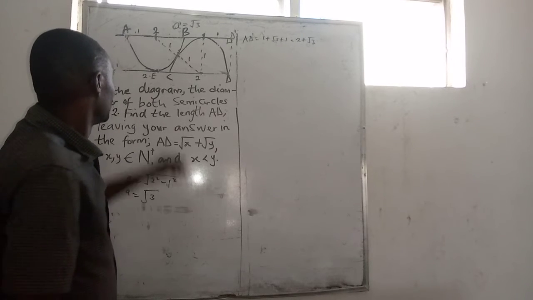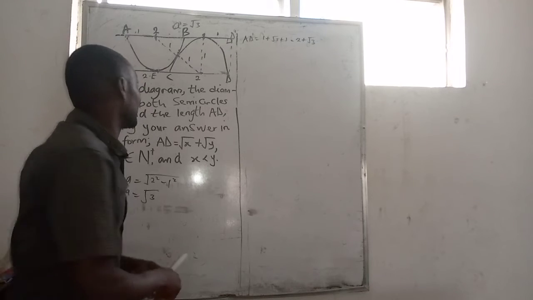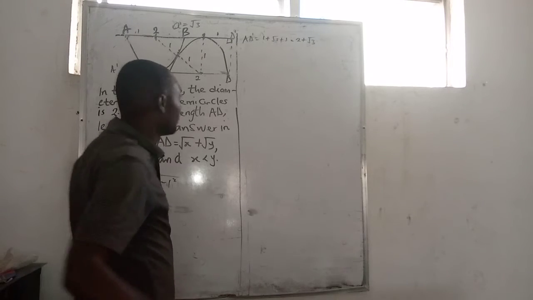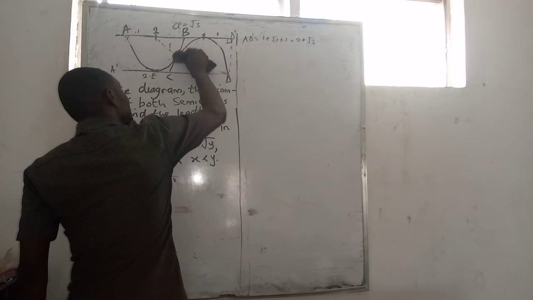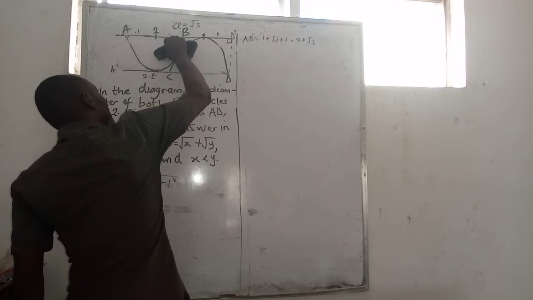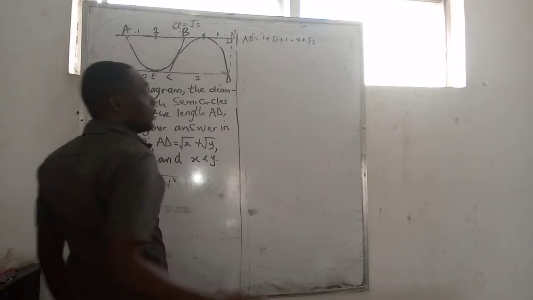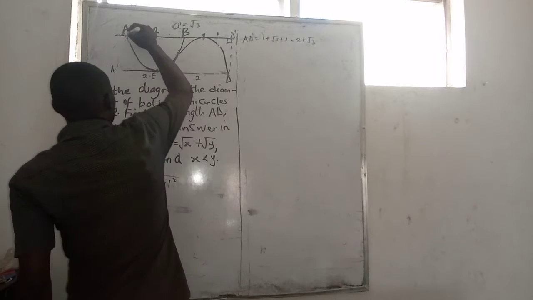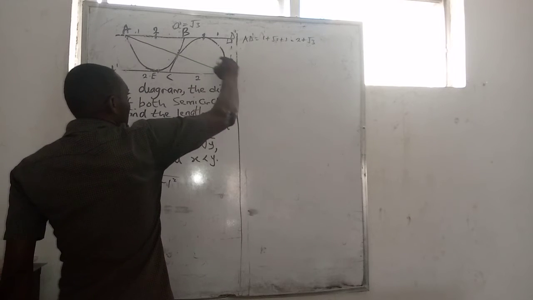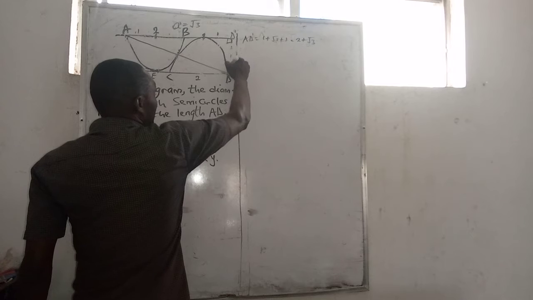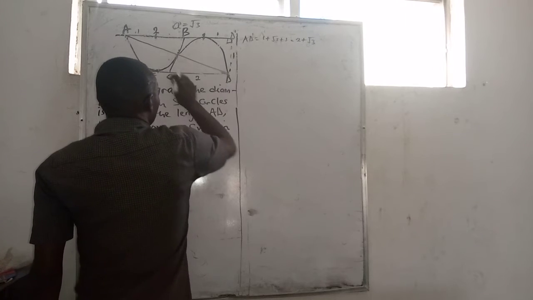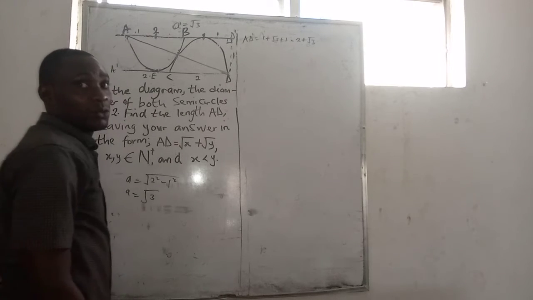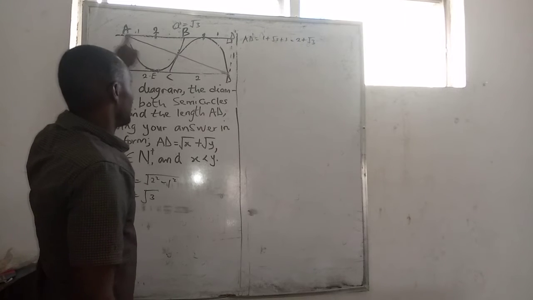So we have gotten the length of this. Then I can simply do this now by erasing this. I'm going to have this and the height here. So the height here is 1, and this is also a right angled triangle. So this is really the hypotenuse.